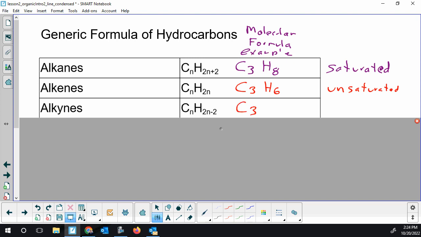If we have propyne, Y-N-E, the hydrogen count is going to be 2n, which is 6, minus 2. There's only going to be 4 H's. You should be able to identify the family based on the hydrogen count. Okay. Now these propynes are also unsaturated.